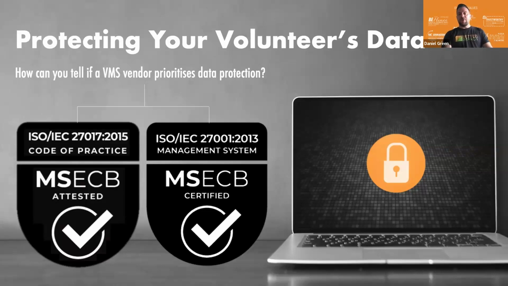Having the actual certificate rather than simply following the guidelines is an important distinction, because it means the vendor has been audited by an independent body once a year to make sure those standards are being met. You'll also be pleased to know that we are one of these vendors with ISO 27001, and we are also Cyber Essentials certified as well.